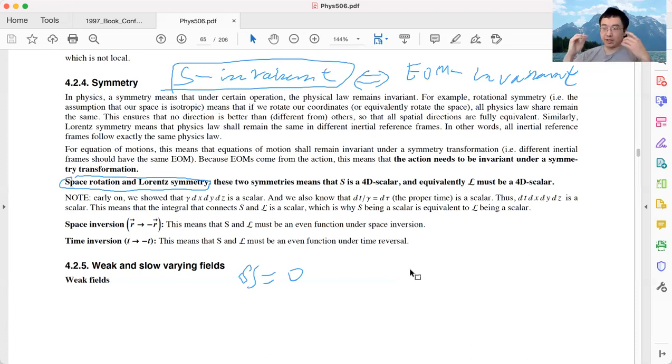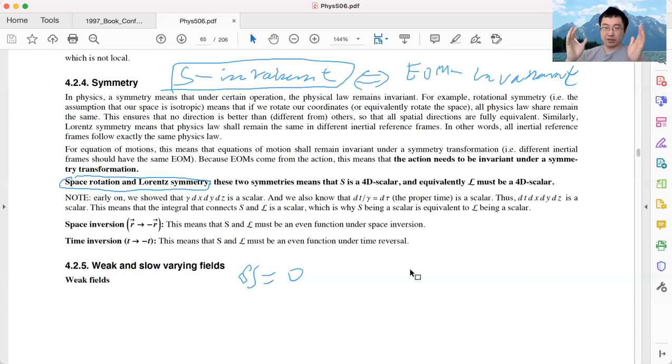Okay? So we combine them together. This means 4D rotation should not change my equation of motion. So in the action description, this means 4D rotation should not change my action. My action should stay the same under 4D rotation.